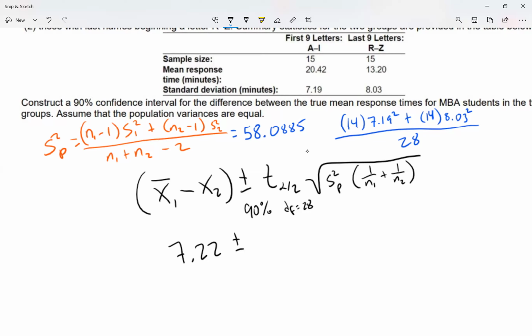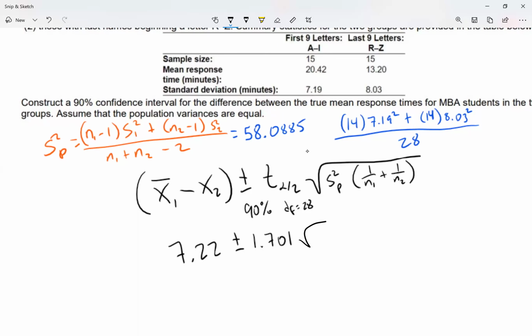So look at your table. I get 1.701. Is that what you guys got? So 90% at 28 degrees of freedom, I got 1.701. That's my t-value. That's why I had you guys do this yesterday.